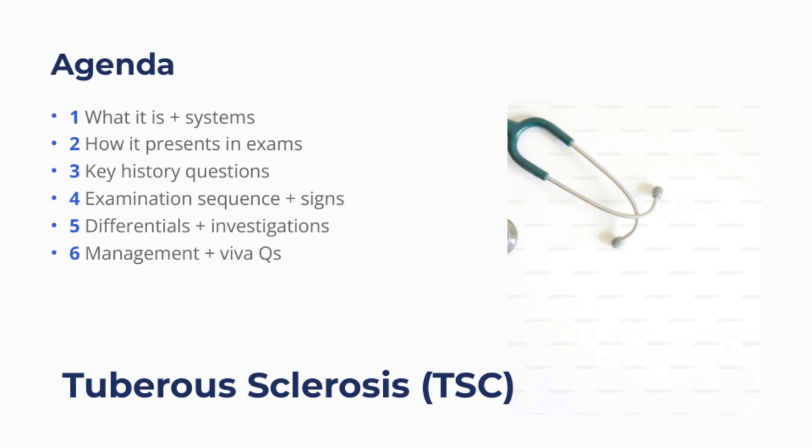Management is multidisciplinary, involving neurologists, dermatologists, and other specialists, focusing on controlling seizures, monitoring organ involvement, and providing support. Throughout this presentation, keep in mind that understanding TSC's systemic nature helps us approach diagnosis and management holistically, ensuring we address all aspects of this complex condition.